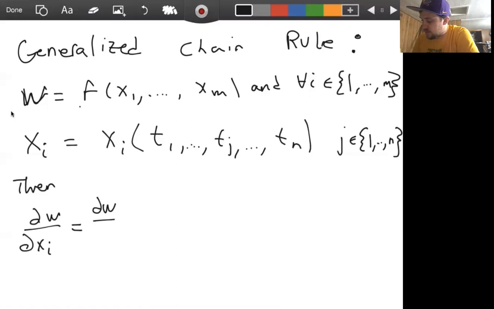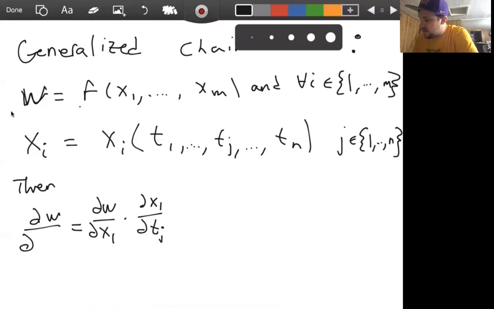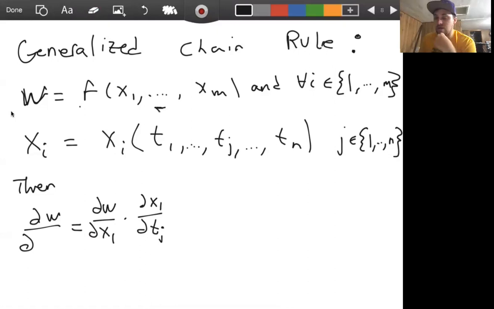Then, to find the partial derivative of w, you take the following sum. It's partial w, partial x1 times partial x1, partial tj, right? And sorry, this is not the partial derivative with respect to the ith variable. It's the partial derivative with respect to the jth t variable. So this should be partial derivative of w with respect to tj, and you'll have to do this for every j spanning from 1 to n.